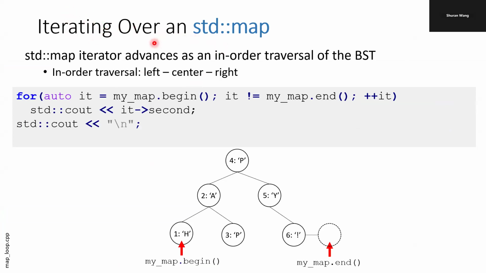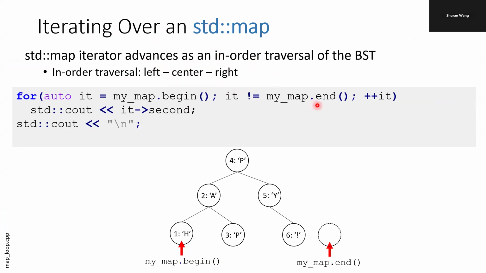So the map iterator is an in-order traversal of the binary search tree. And in-order traversal means that we are doing the left first, and then the center, and then the right, which means that the outputted list should be already sorted.